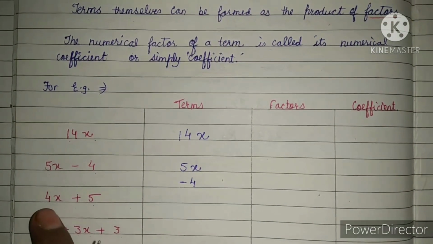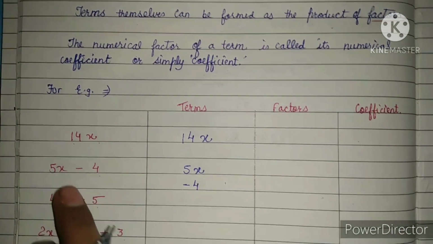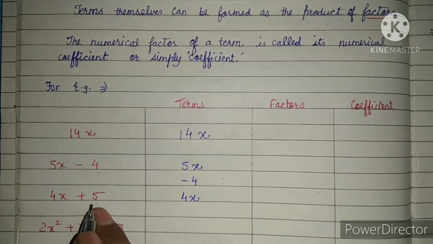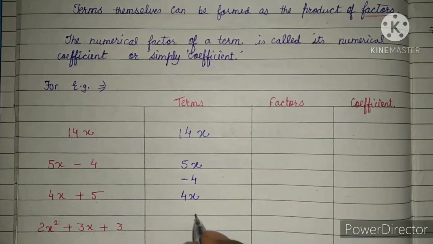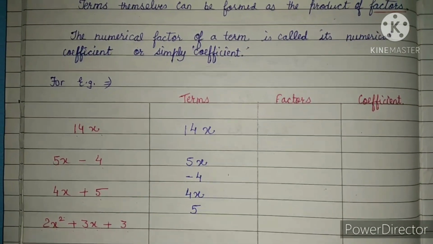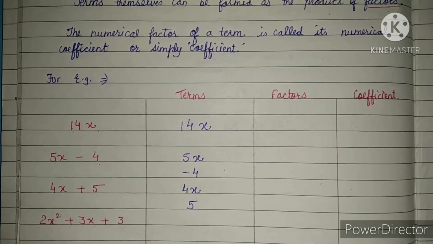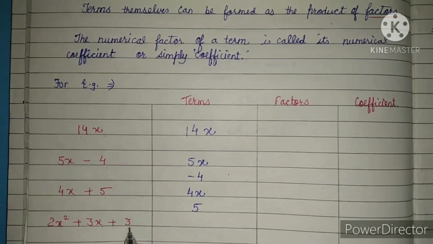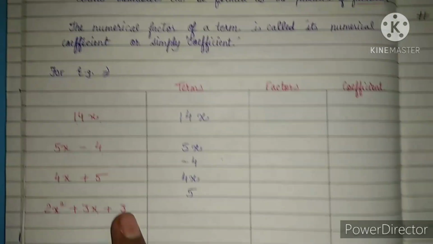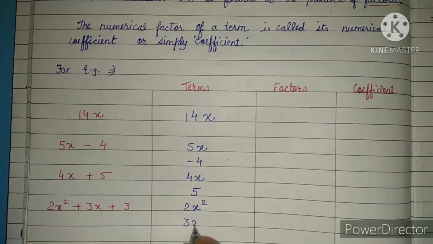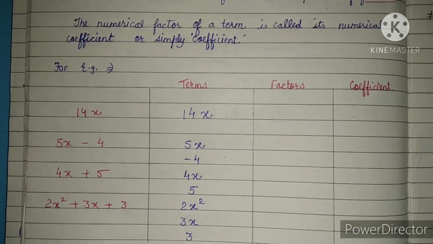In the third one we have 4x plus 5, so the first term is 4x and the second term is 5. Now the last example, 2x square plus 3x plus 3. So 1, 2, 3 terms: 2x square, 3x and 3.